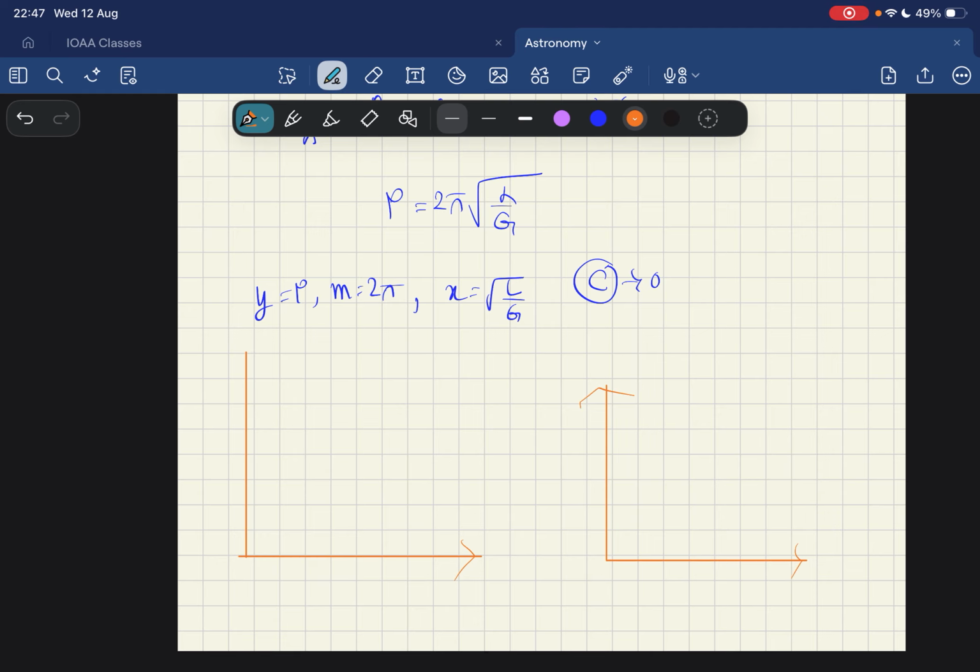We can have two plots, root l by g against P: one is the ideal line, and the other is the plot with the systematic error and all these random noises, with the dots added here.